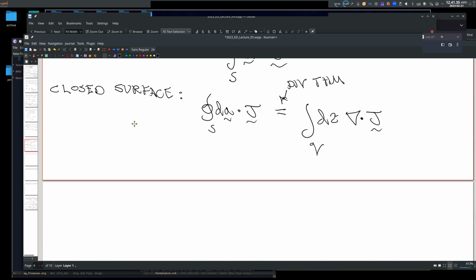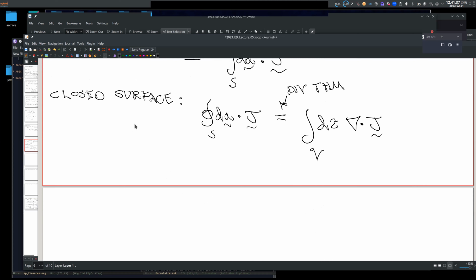Now, if I imagine a closed surface over a tiny little volume, and I integrate the current going through that surface, obviously this current represents a flow of charge through the surface, therefore a change in the total charge inside that little volume encompassed by this closed surface.